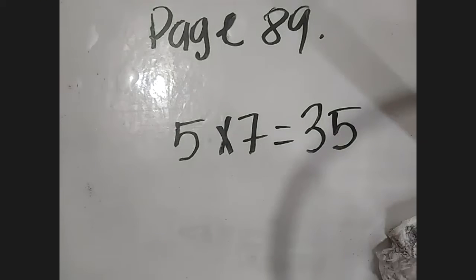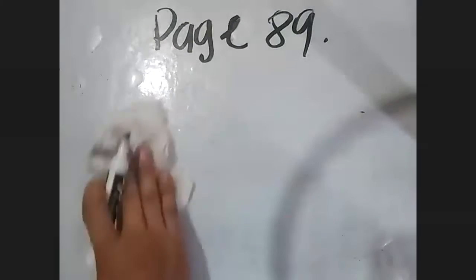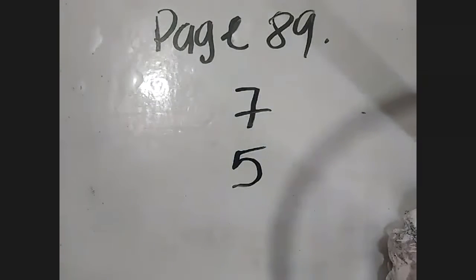There in the class are 7. Okay, so the first answer, escuche bien, la primera respuesta de how many desks, usted va a decir 7. Okay, how many desks or how many students are in each row? There are 5 students in each row. Se sientan 5 niños en cada fila.